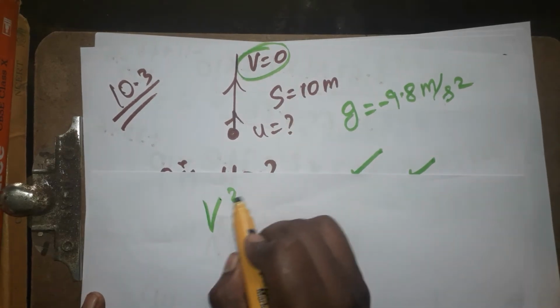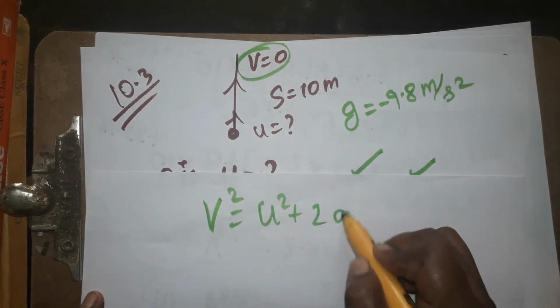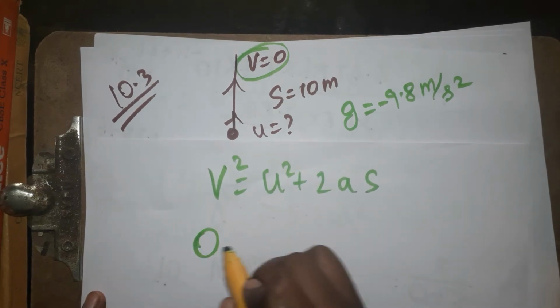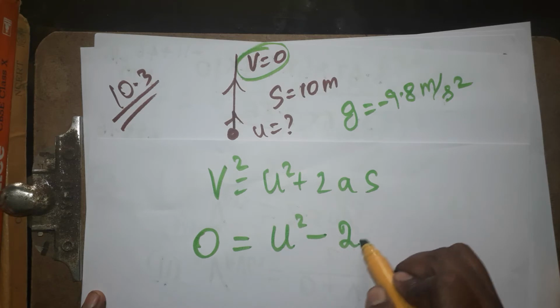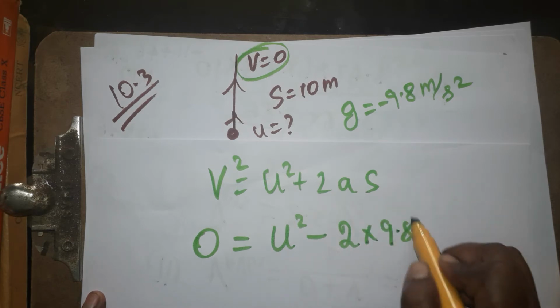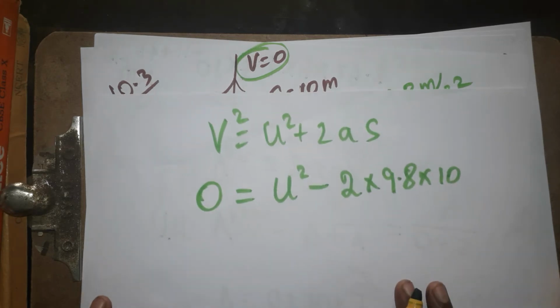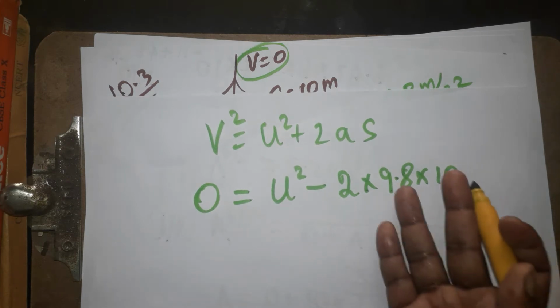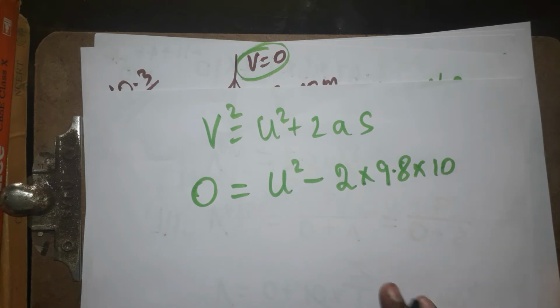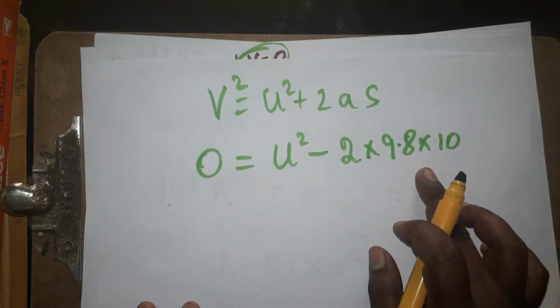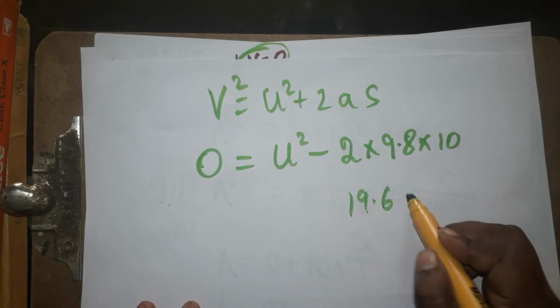So first, v square is equal to u square plus 2as. Final velocity is 0, initial velocity we don't know, a is 9.8, displacement is 10. Sometimes you can take 10 also, that I already told you. When we multiply 9.8 into 2, it is 19.6, so this is going to be 19.6 into 10.